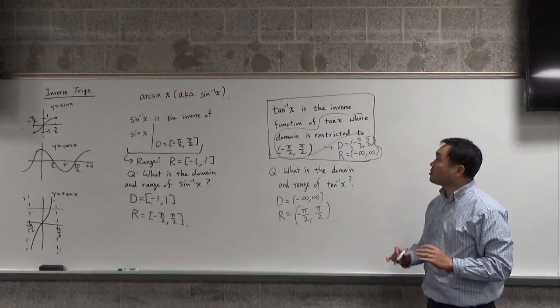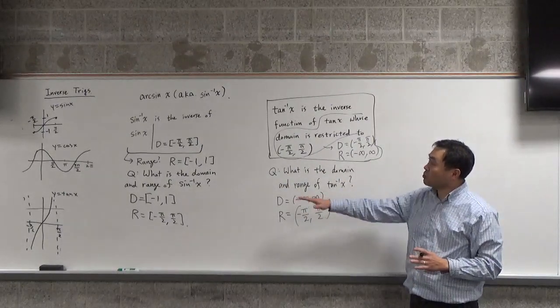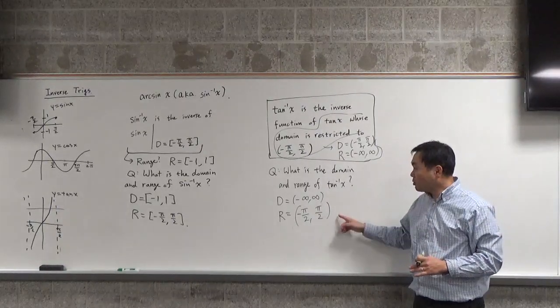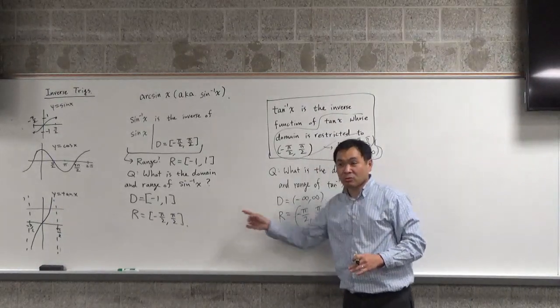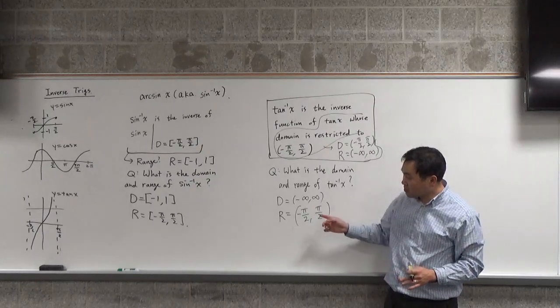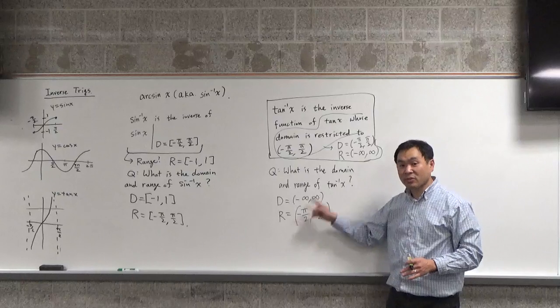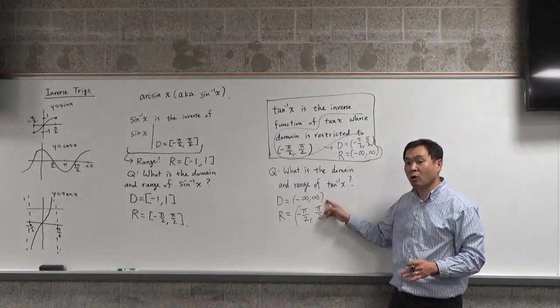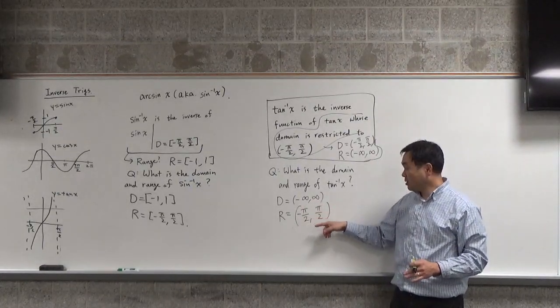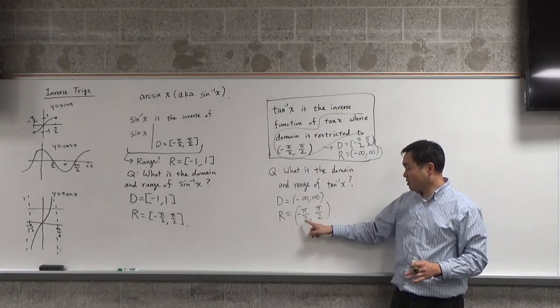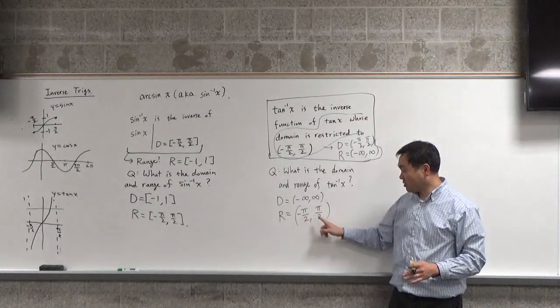Now if you compare the tangent inverse with the sine inverse, they both have range from negative pi over 2 to pi over 2. However, there's a slight difference here. I'm using parentheses, which are also called open brackets. Open brackets means that the actual values are not included.